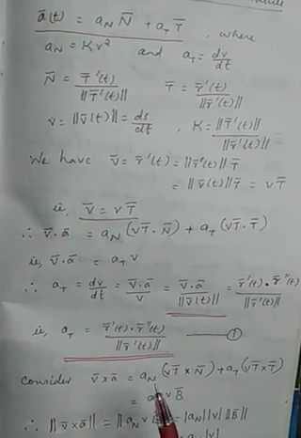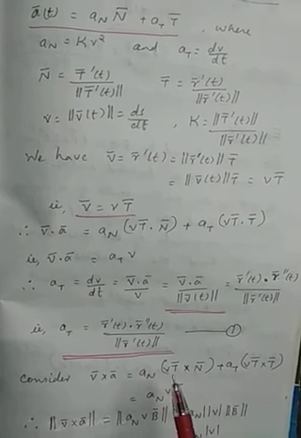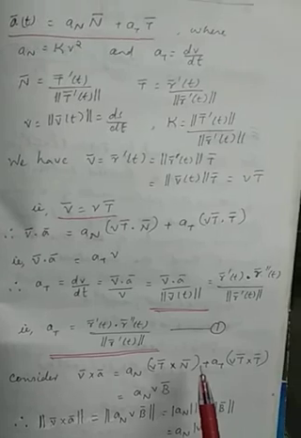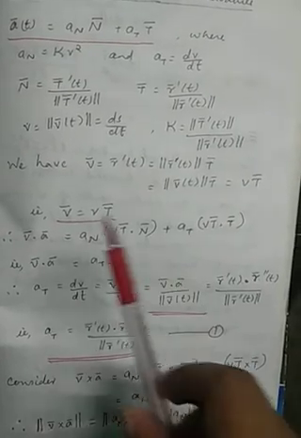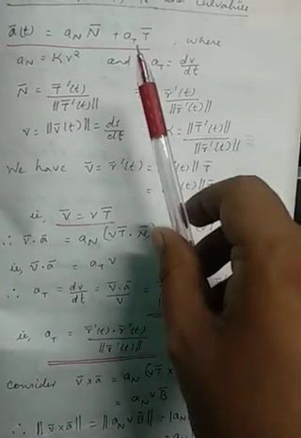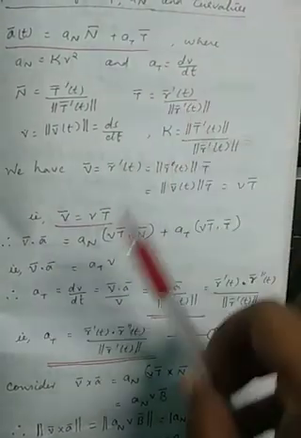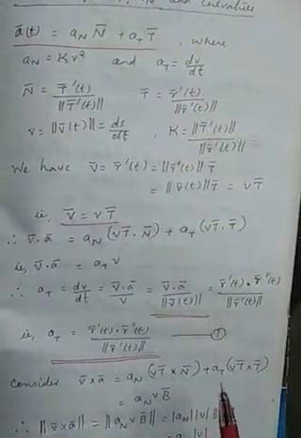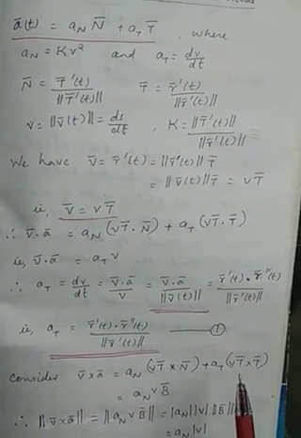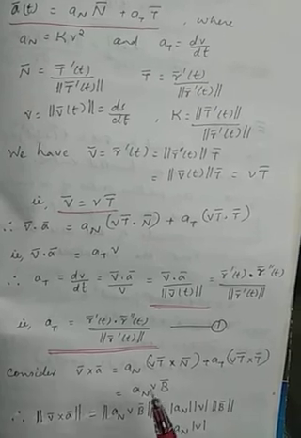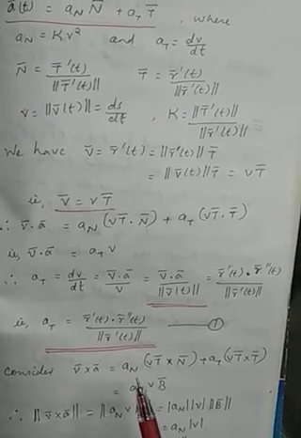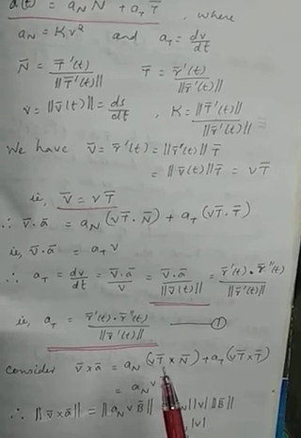So it is actually An into V into vector t cross vector n, plus the second term becomes V into vector t cross At into vector t. Here V and At are scalars, so the second term is At into V into t cross t. So V cross A is equal to An into V into t cross n.